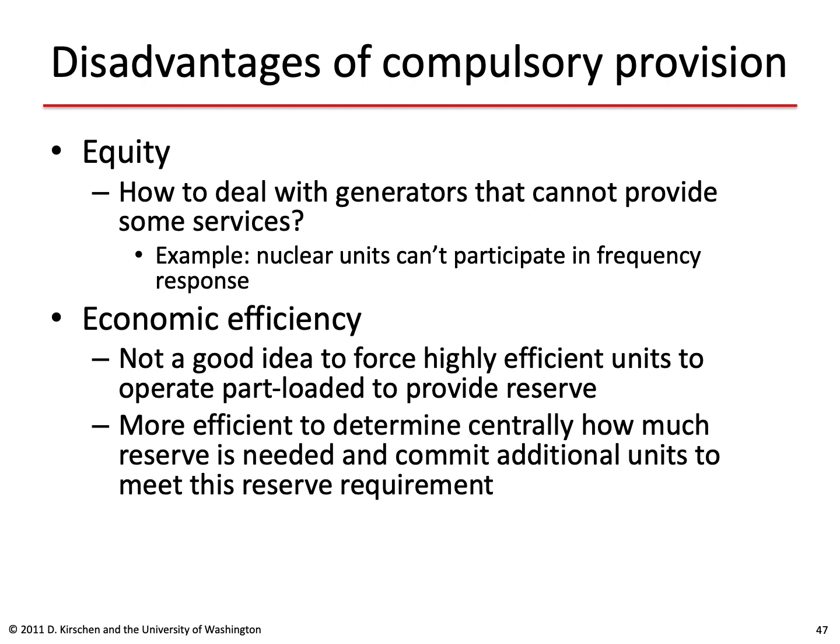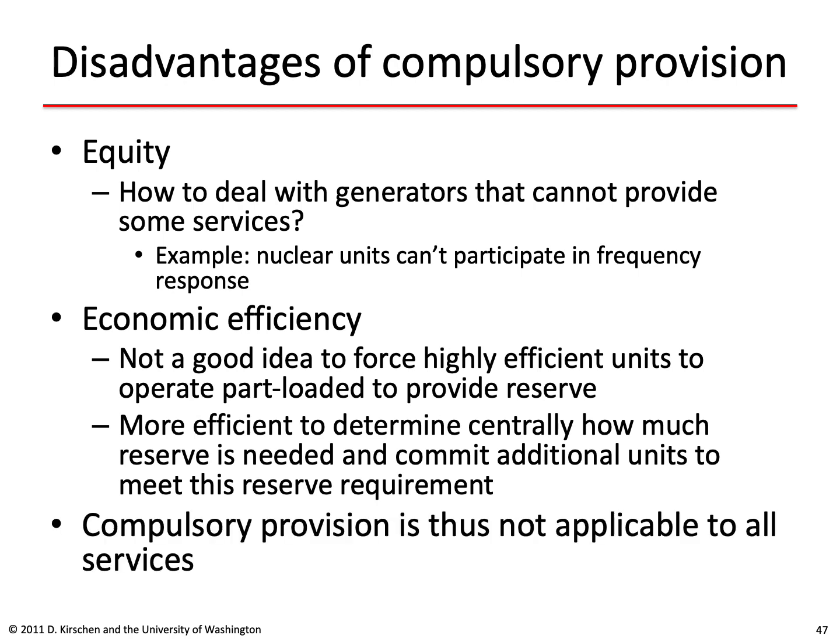And it's usually more efficient to determine centrally how much reserve is needed and commit additional units to meet this reserve requirement. The conclusion is that compulsory provision of ancillary services is not going to be applicable to all services. So it is probably better to try to put in place some kind of market-based scheme for the provision of ancillary services.